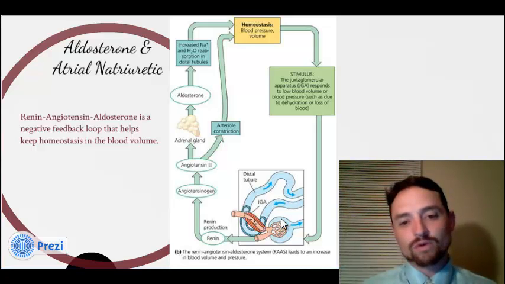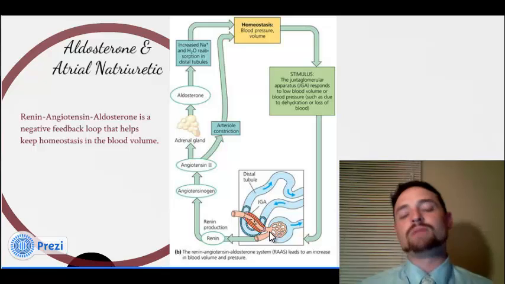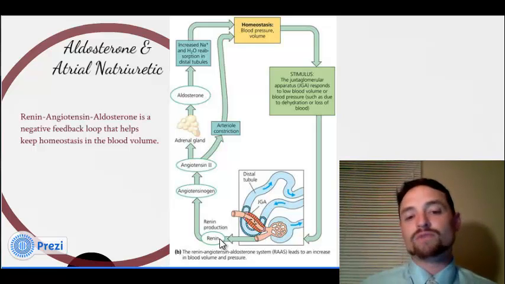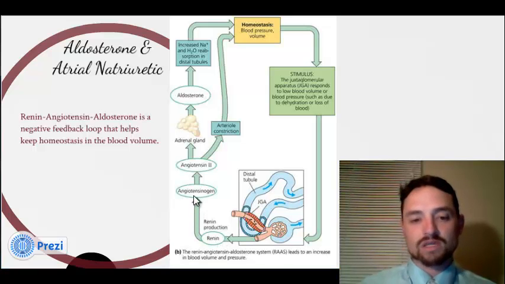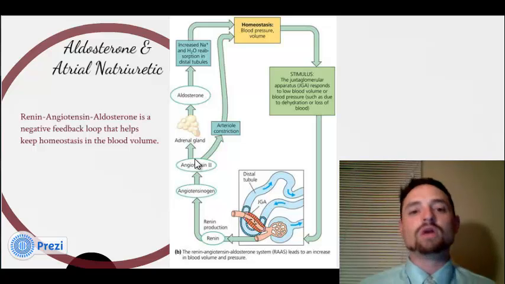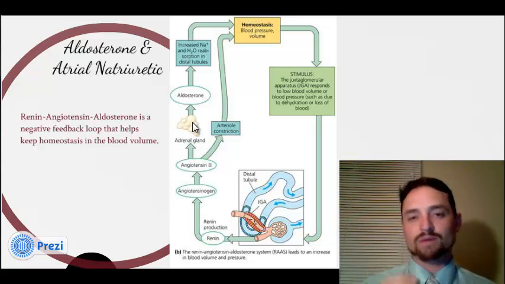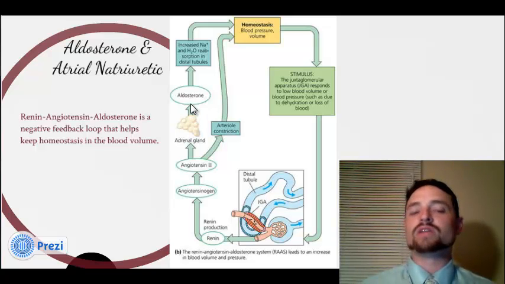It's right before the glomerulus, and as the blood pressure decreases going in there, it will cause the release of renin. Renin will cause the production in the body of angiotensinogen, which will cause angiotensin II. Okay, angiotensin II will cause the adrenal glands, which are located right above the kidney, to secrete aldosterone.